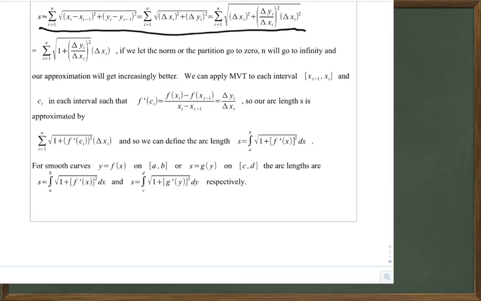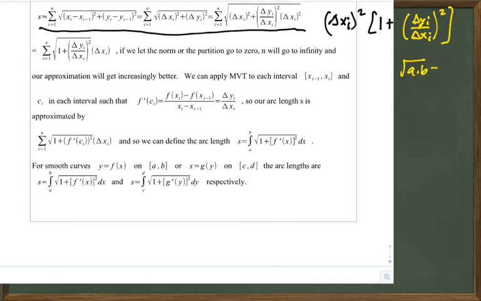So we can say we have delta xi squared times 1 plus (delta yi over delta xi) squared. And you can use a property of the radical, which is that the square root of a times b is equal to the square root of a times the square root of b.